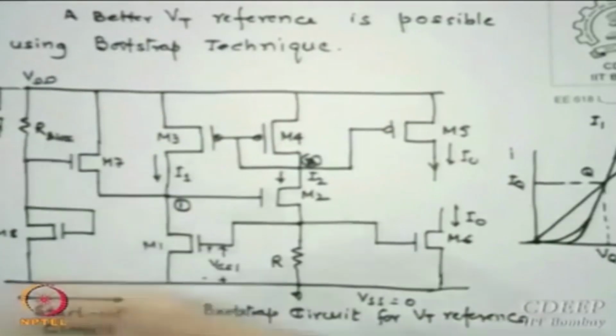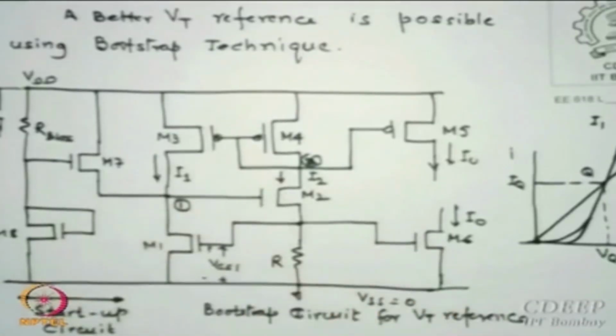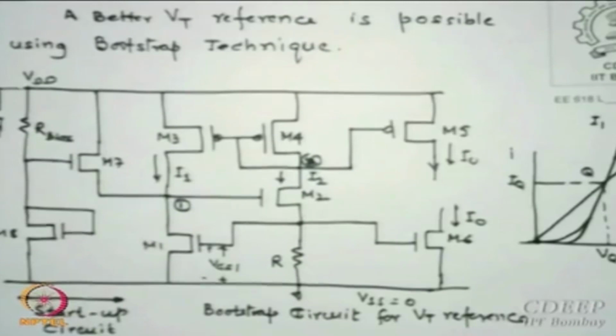If because of some fluctuation the currents start changing again, it will start pushing current from here and bring it back to IQ, is that correct? So you achieve a stable bias point by putting in a startup, and once startup occurs, it does not participate in the remaining current source behavior.